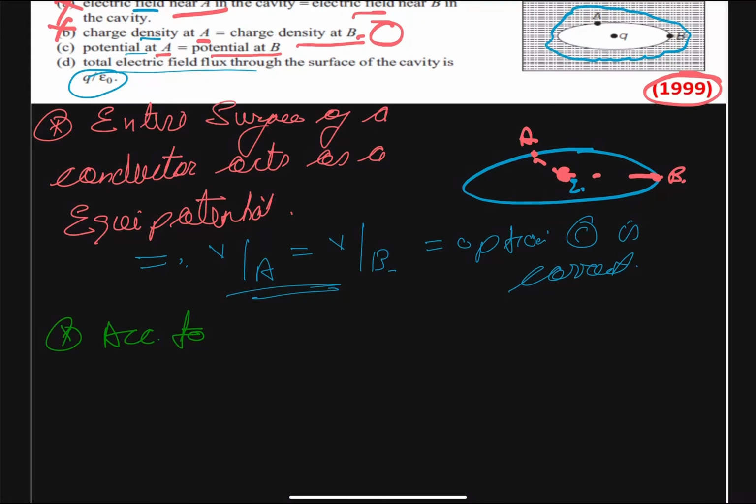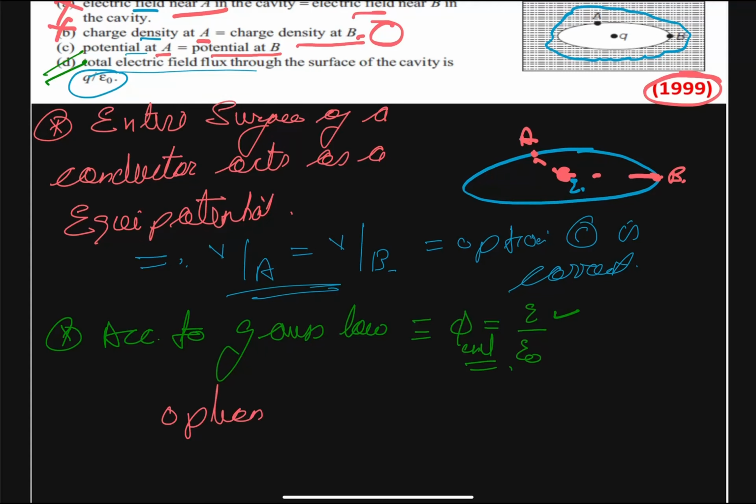According to Gauss law, the flux through the enclosed surface is Q upon epsilon naught. This flux depends only on the charge, not on the shape. So option D is also a correct one.